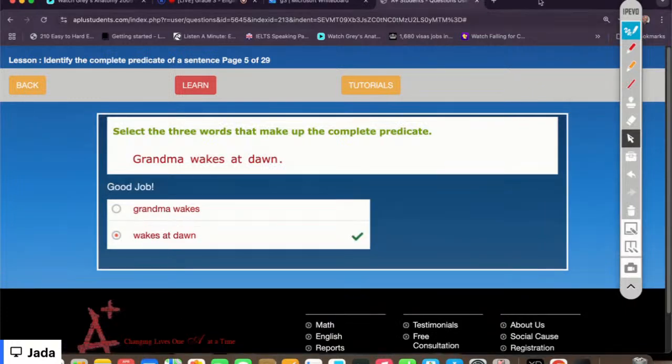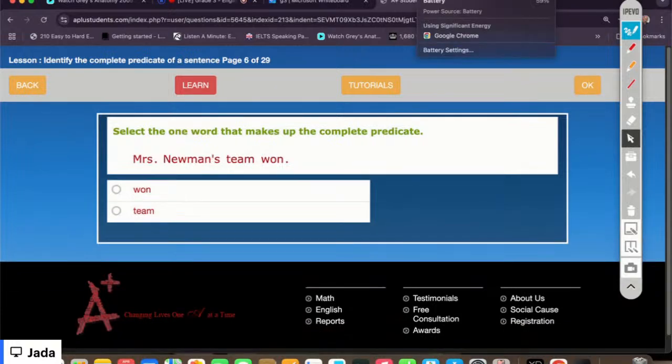So that's the predicate. Okay, Mrs. Newman's team won.